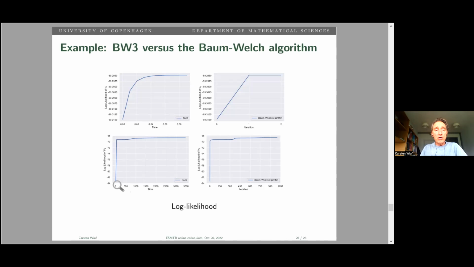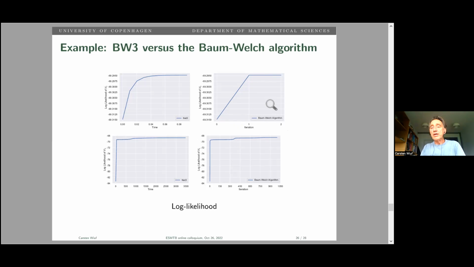You might see in the log likelihood something of interest. You see over time, this is for BW3. In the first case, you see that the likelihood is actually increasing. We are not guaranteed that to be the case, but we sort of conjecture that it would be. And it's the same in the second case. It has a steeper increase in the beginning, and then it slows down, but it's still increasing. And the Baum-Welch algorithm also has an increase in the likelihood, but that is known, right?